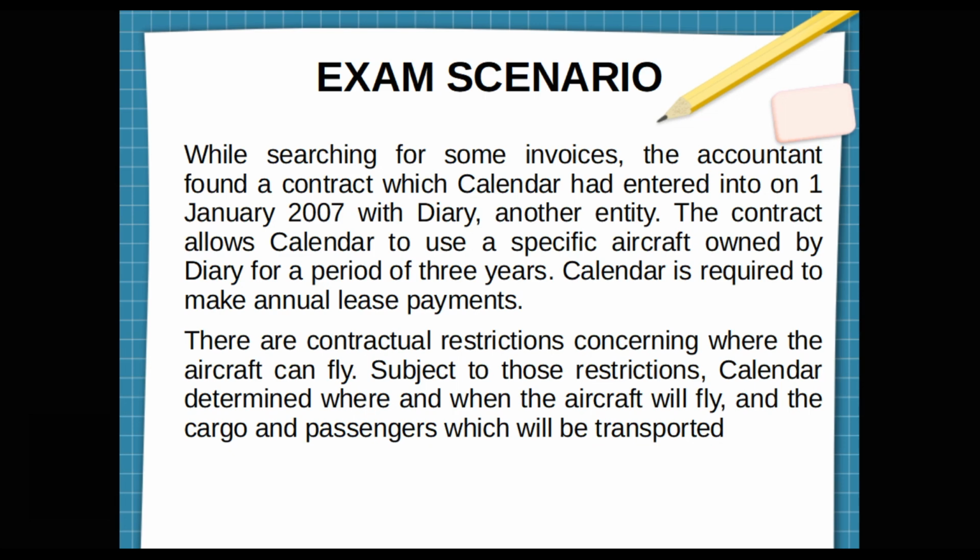Calendar is required to make annual lease payments. There are contractual restrictions concerning where the aircraft can fly. Subject to those restrictions, Calendar determines where and when the aircraft will fly, and the cargo and passengers which will be transported.